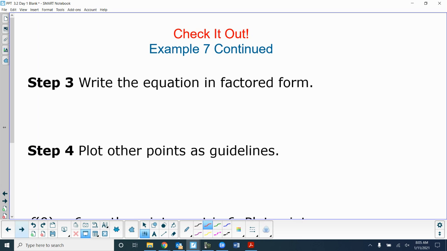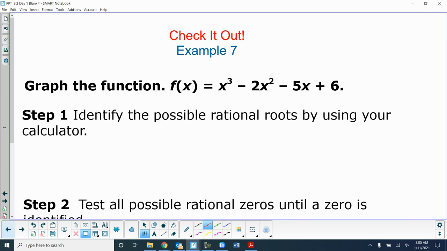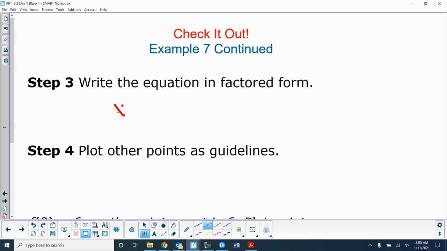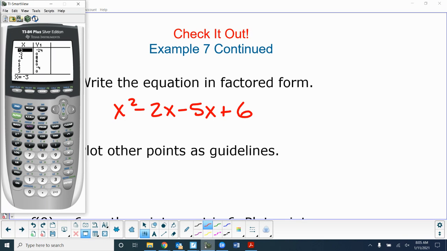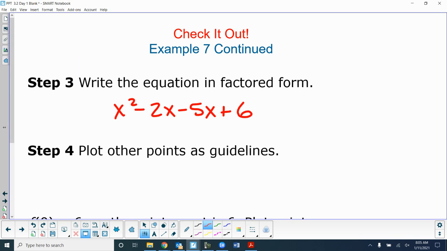write it in factored form. Okay? So going back, x squared minus 2x minus 5x plus 6. And according to this, I got zeros at -2, at 1, and 3.